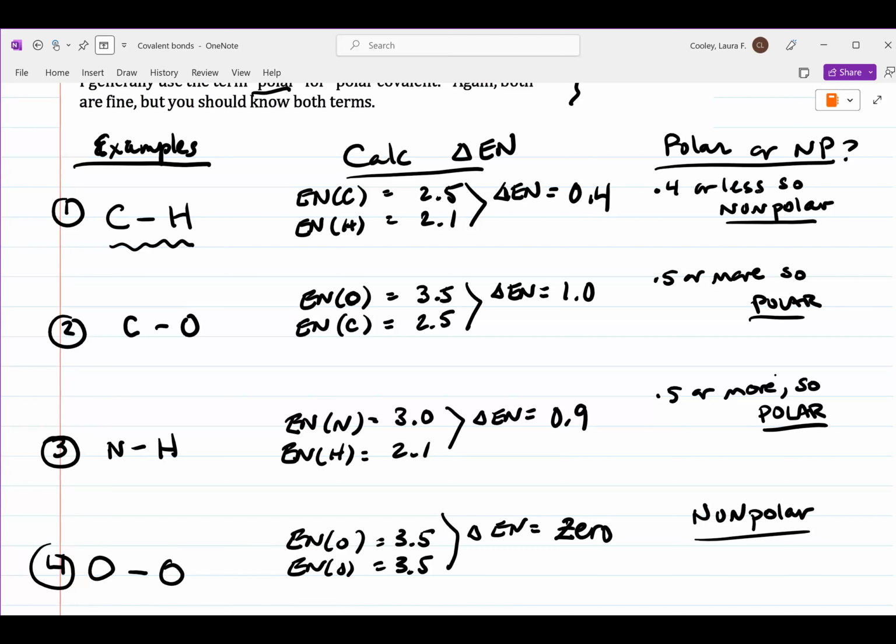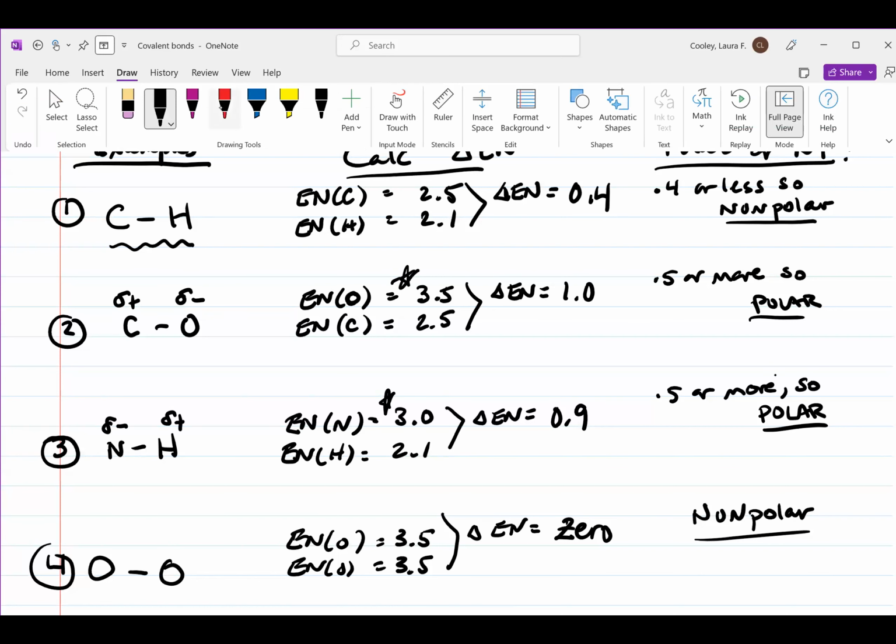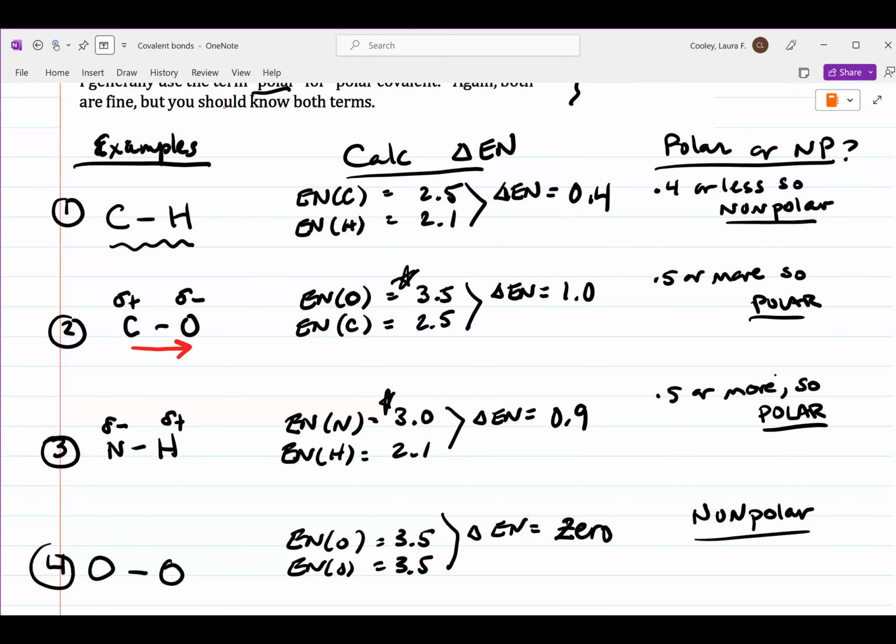The atom with the greater electronegativity, the O here and the N here, gets the delta negative charge, and the H would be the other one. A lot of times we use an arrow pointing to the negative one, and we call this a dipole.